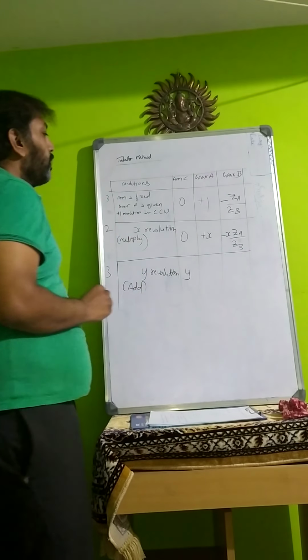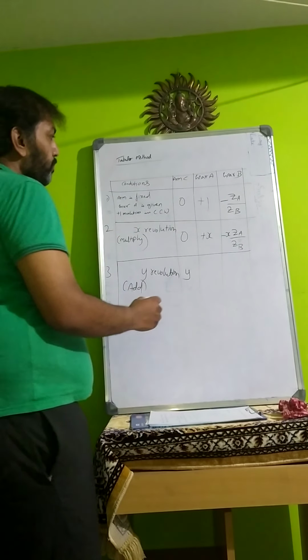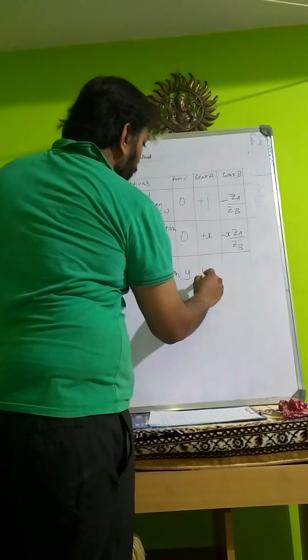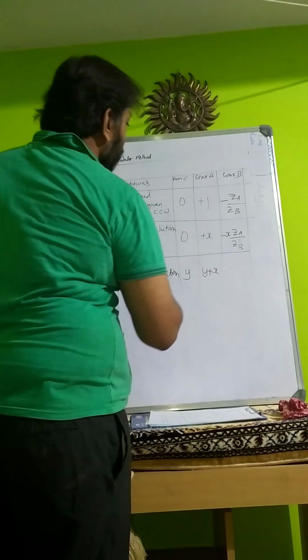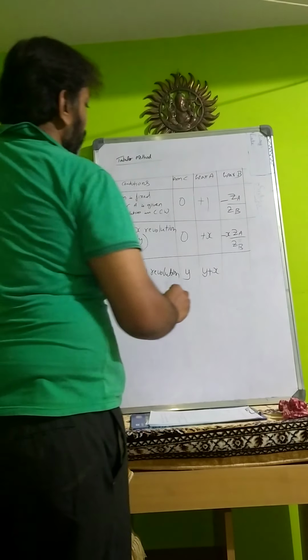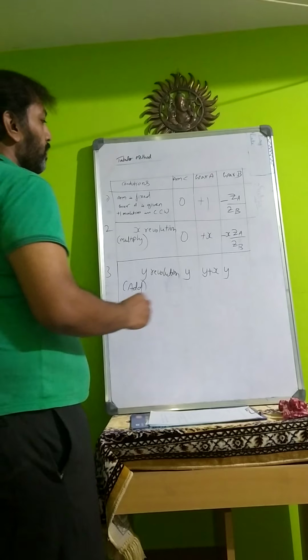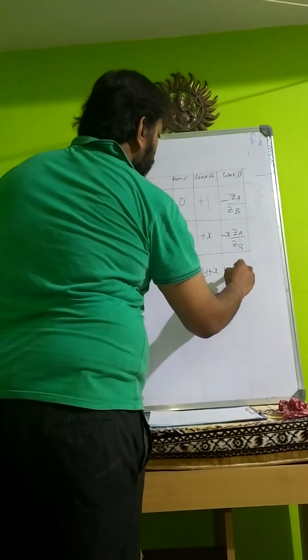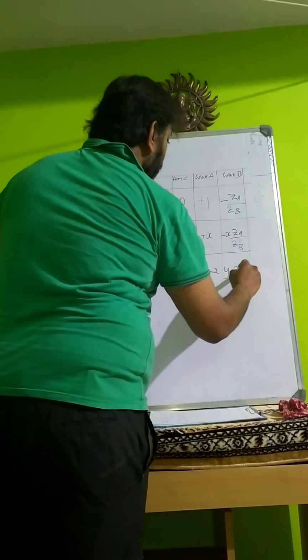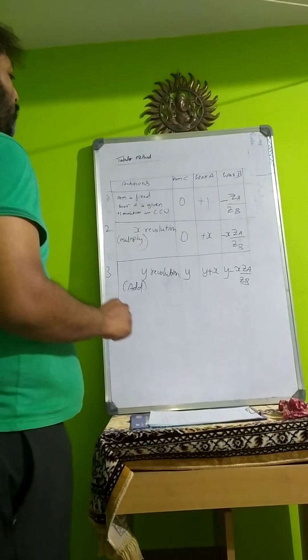Now we are adding, not multiplying, so we get Y here, here Y plus X, and here Y minus X ZA by ZB.